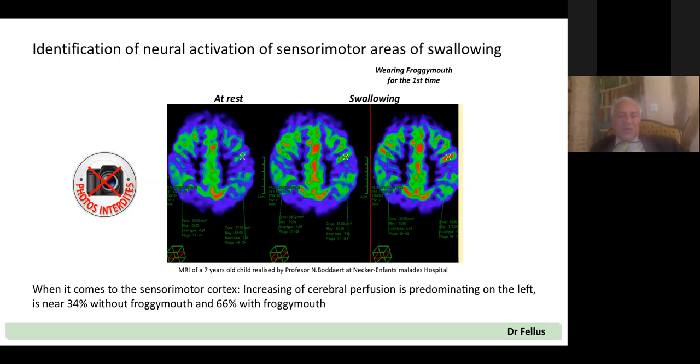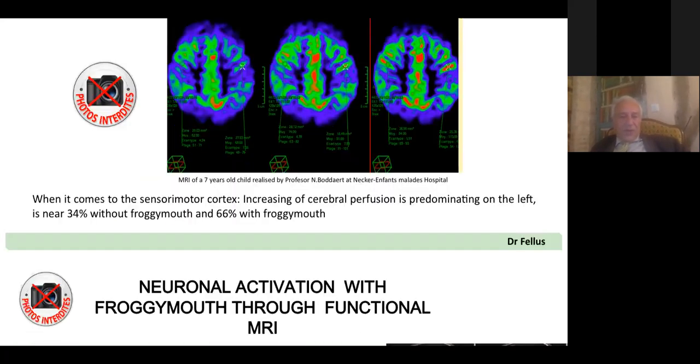And immediately we put Froggymouth, and with the first swallowing, you can see there is a very important activation of a new area. So thanks to the Froggymouth, you are not efficient at the same level of the brain.